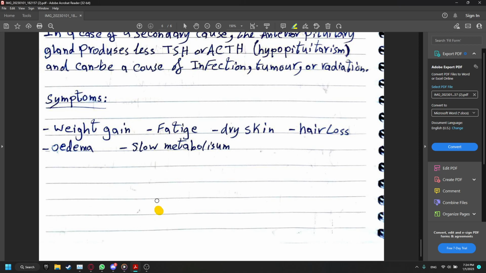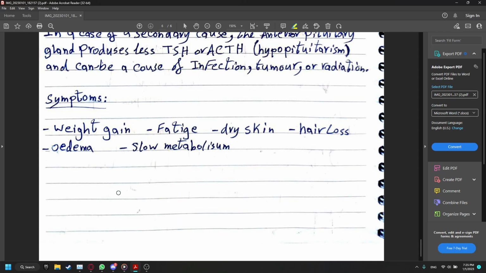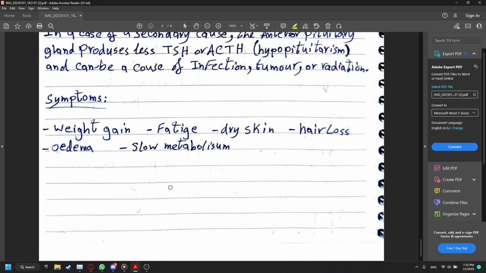So you have high levels of glucose, which triggers the pancreas to produce insulin. Insulin helps lower the levels of glucose, but it also encourages the body to make more glycogen.